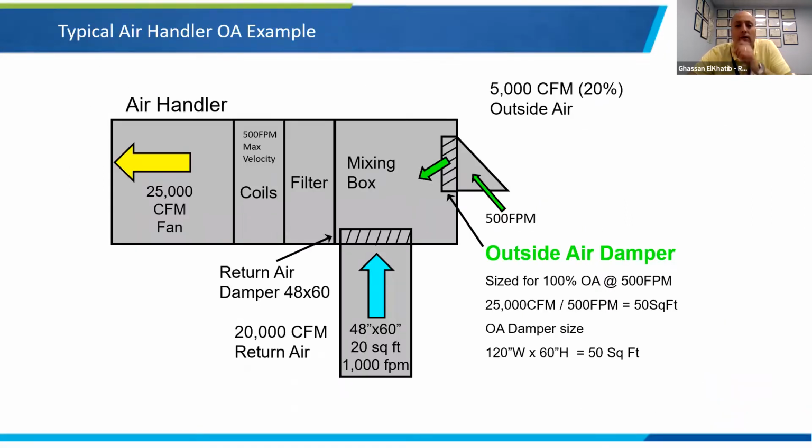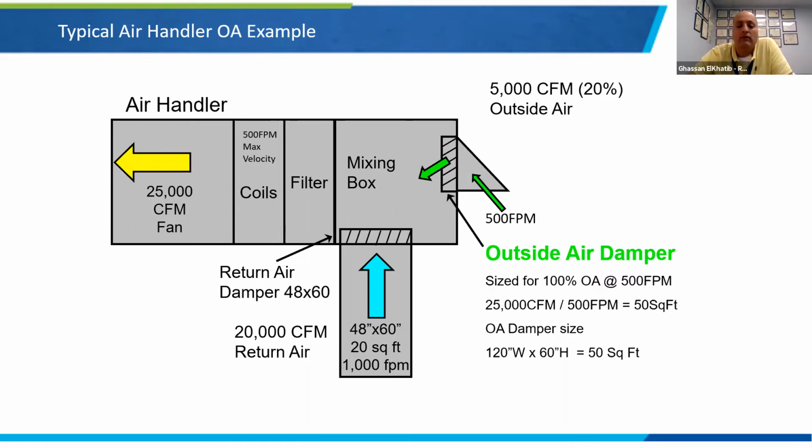Let's look at an example of an air handling unit. Let's say we've got about 25,000 CFM, about 20,000 CFM return, and 5,000 CFM outside air. A lot of times, an engineer might opt for tracking on the fan, or might opt to measure the outdoor air by measuring the return because it's easy to get to, maybe easily accessible.